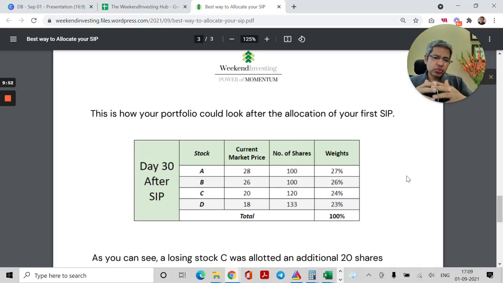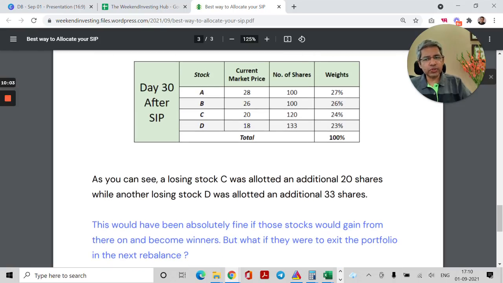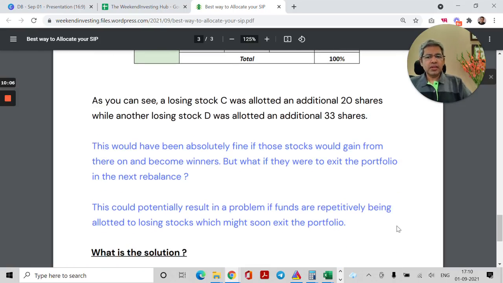So once you've allocated to this C and D, you see that their weightages have also now gone up from 2022 to 23-24. Now, if we keep adding to losing stocks, reduced weightage stocks, and they keep falling out, then yes, our additional SIPs would have gone futile.